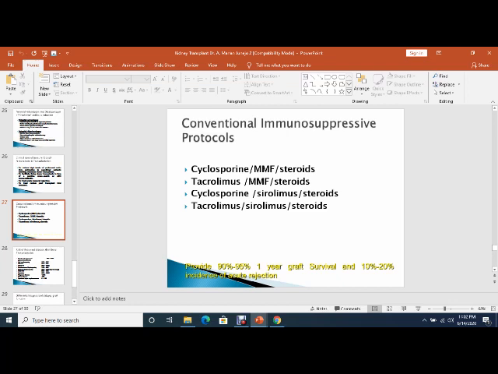MMF and steroids are mandatory, or sometimes MMF is replaced by azathioprine, or azathioprine is replaced by MMF; cyclosporin, sirolimus and steroid; tacrolimus, sirolimus and steroids. So these are the different types of protocols. In our countries we usually use cyclosporin, azathioprine and steroid, but in a good setup, cyclosporin, mycophenolate mofetil and steroid can be used.